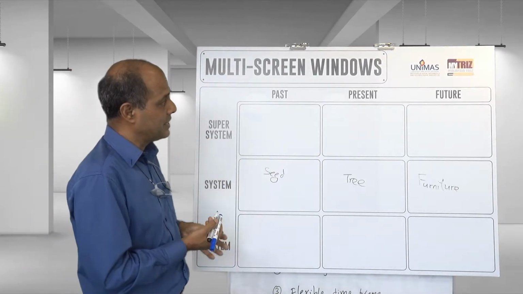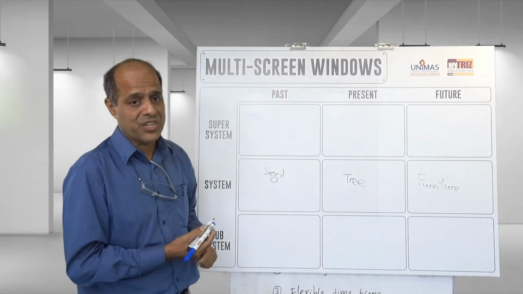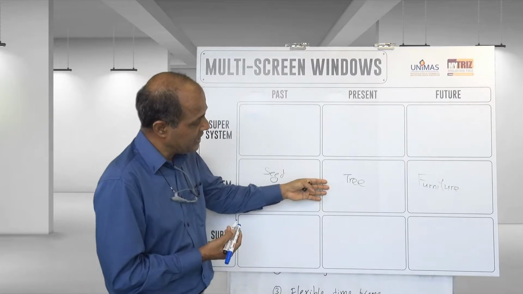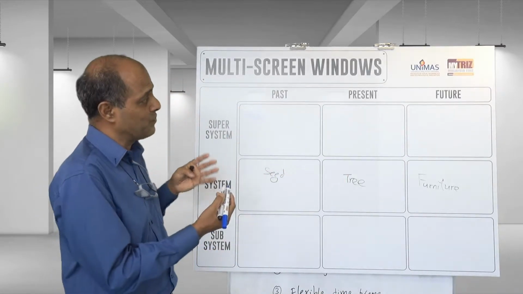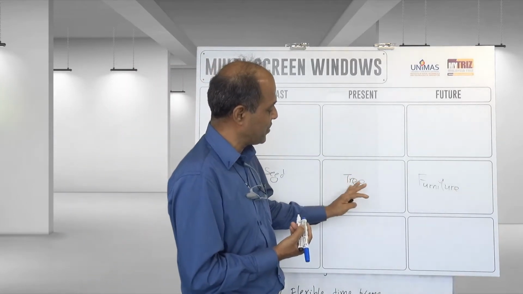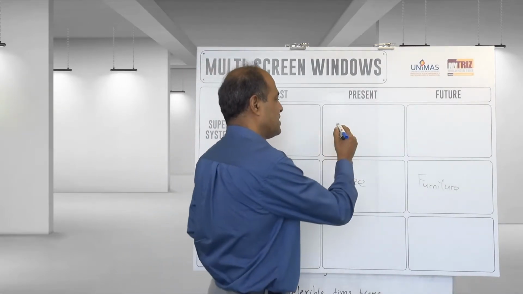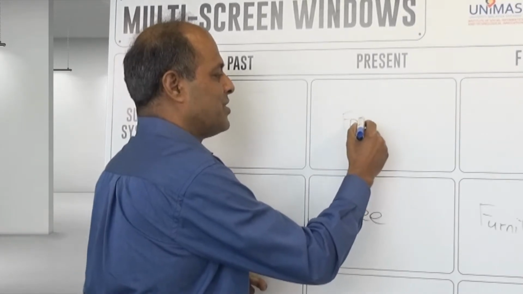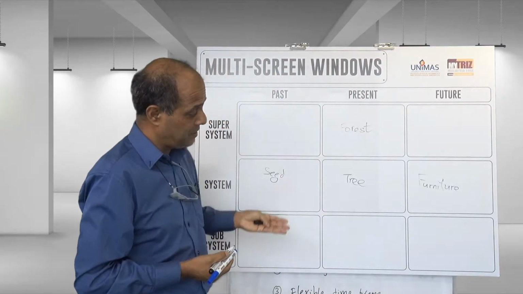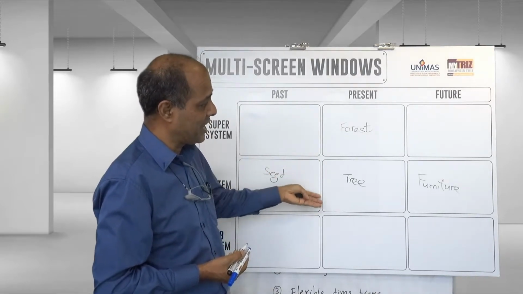Now when we look at the subsystems and supersystems dimension, we will see that the seed or the tree exists in a bigger environment. So what is the supersystem for the tree? The tree could exist in a forest, a collection of trees, imagining a traditional situation of the tree being planted in a forest or growing by itself in a forest.